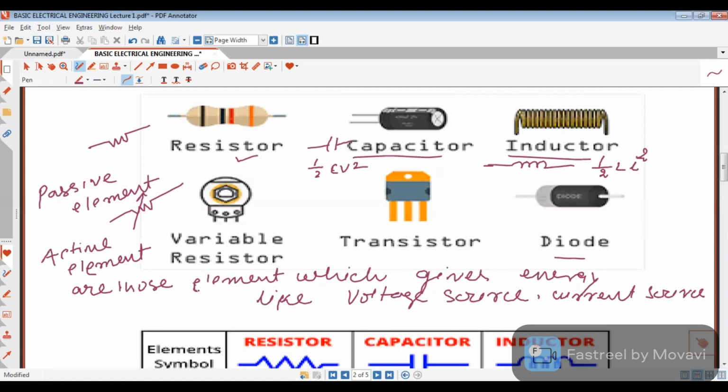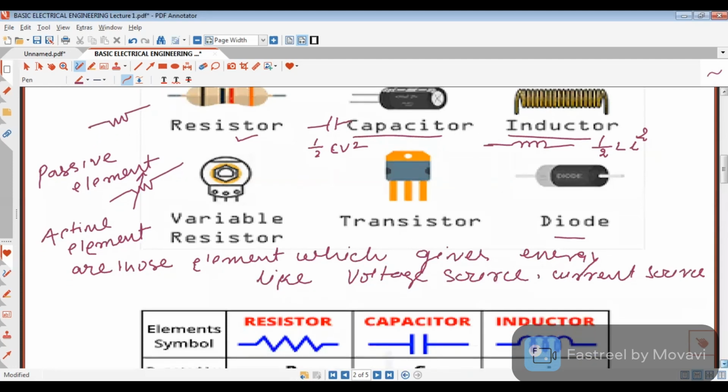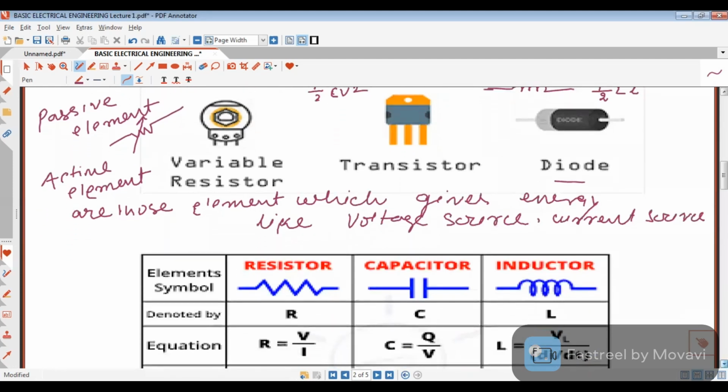So this type of element is called an active element, and this element is very useful from the electrical point of view.